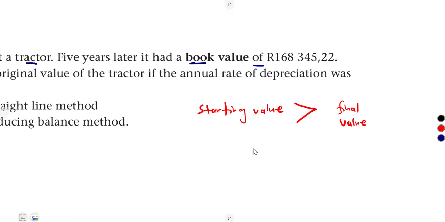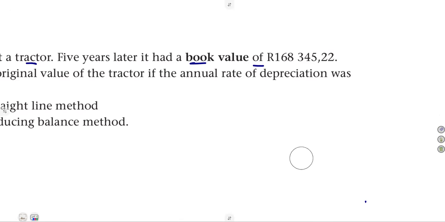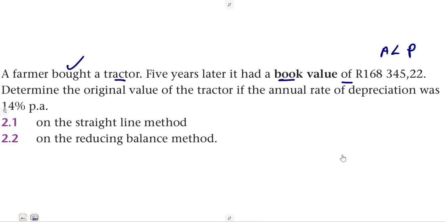So in actual sense, we are saying P will be greater than A, or in actual sense, the amount which is the final value is less than the principal. What is this condition where the amount will be less than the principal? Which condition is it? It is a depreciation.